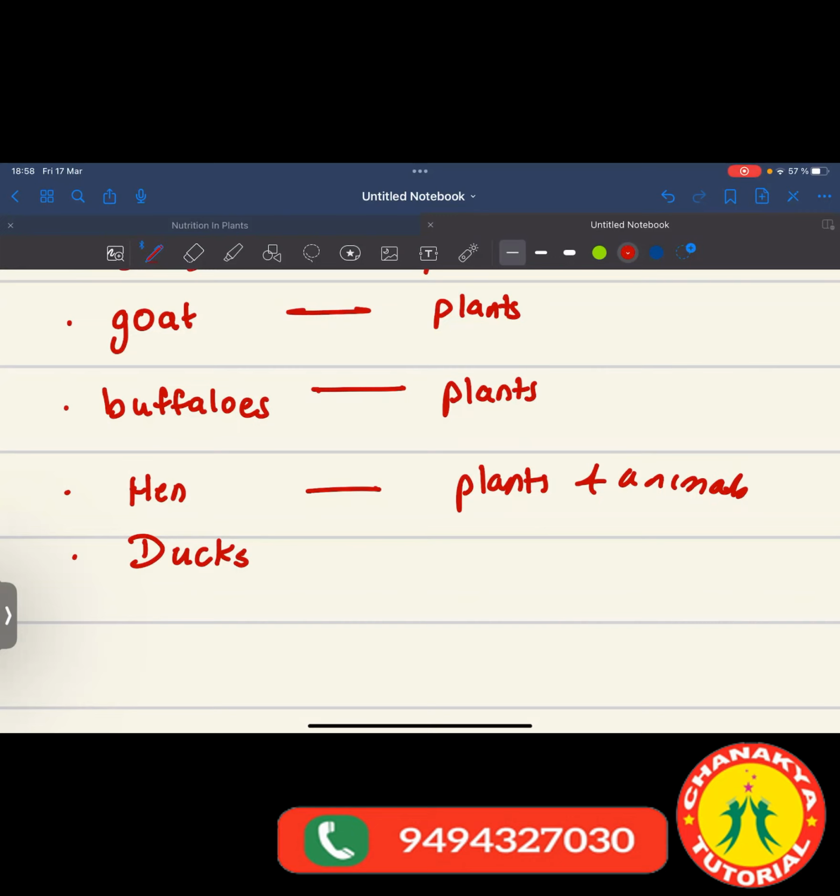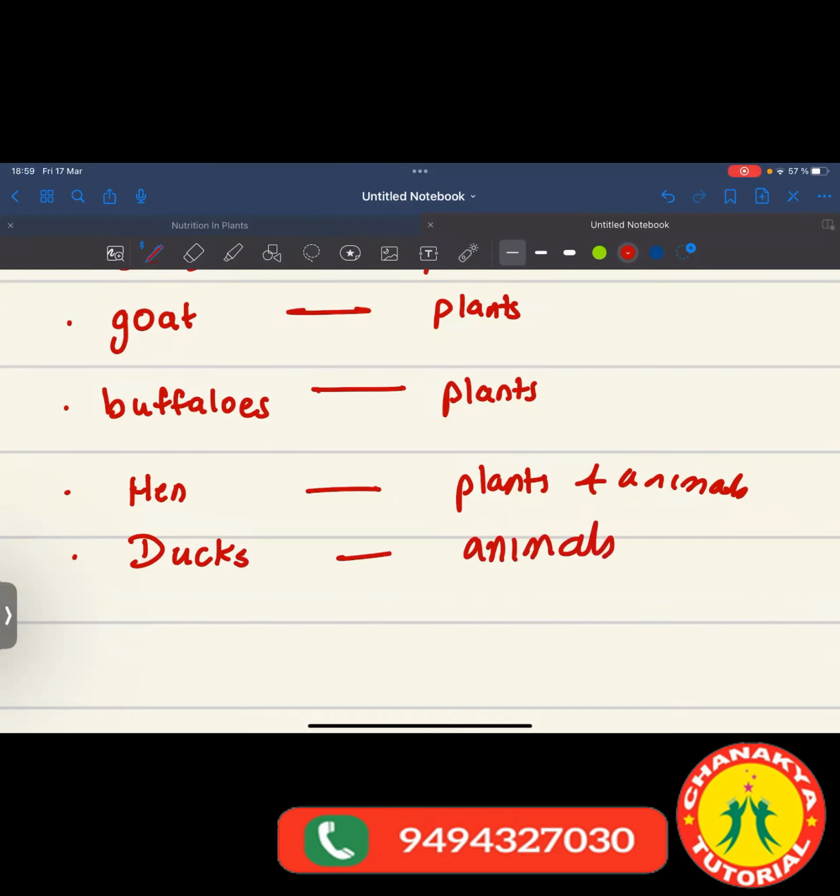All right. What about ducks? Ma'am, ducks eat fishes. Sorry, ma'am, it is the goose that eats fishes, so ducks don't eat fishes. If I say something, you'll say no. They eat animals.